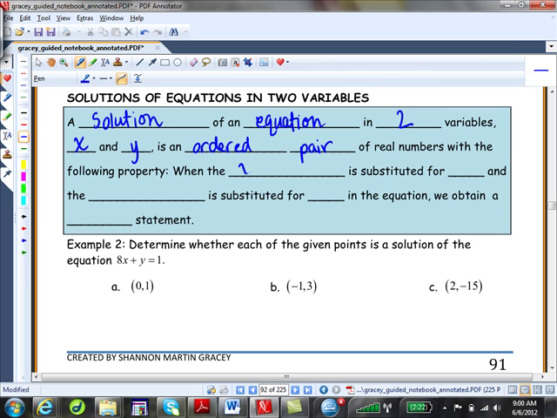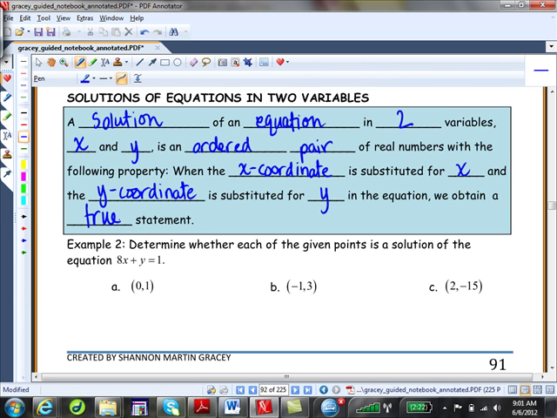When the x coordinate is substituted for x and the y coordinate is substituted for y in the equation, we obtain a true statement.